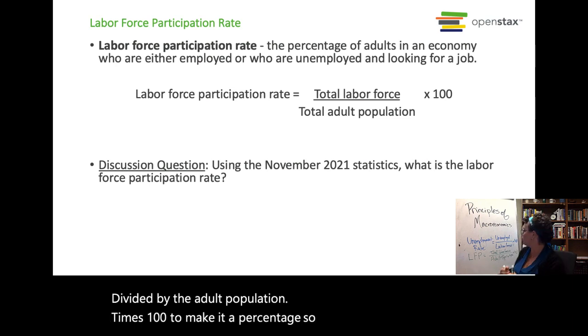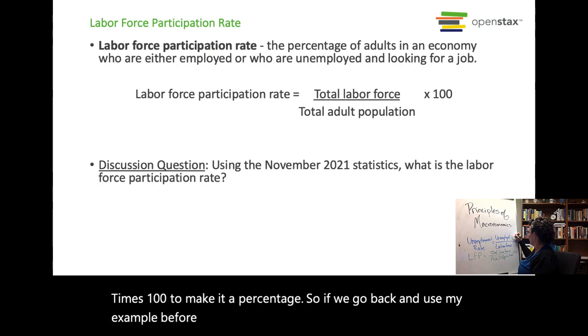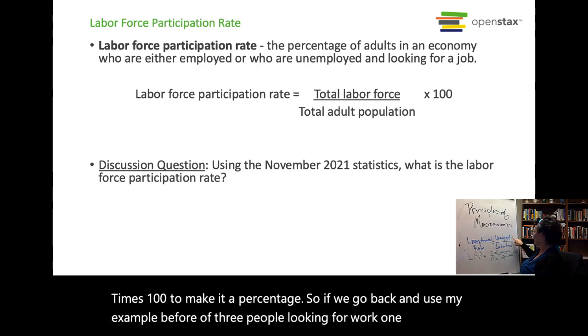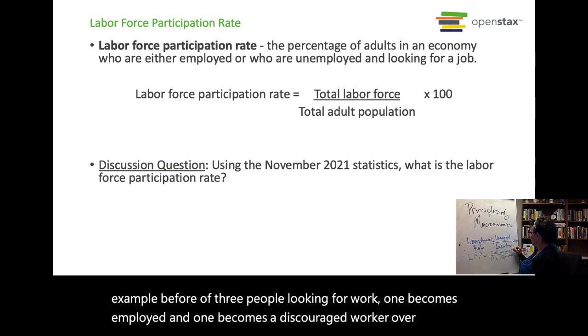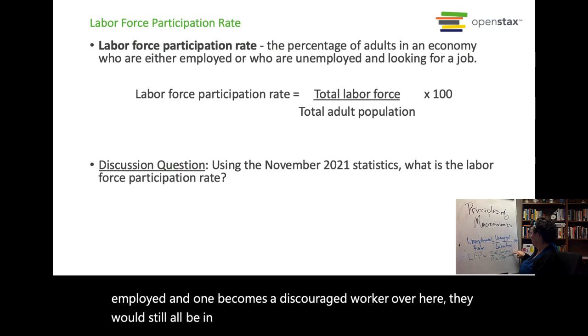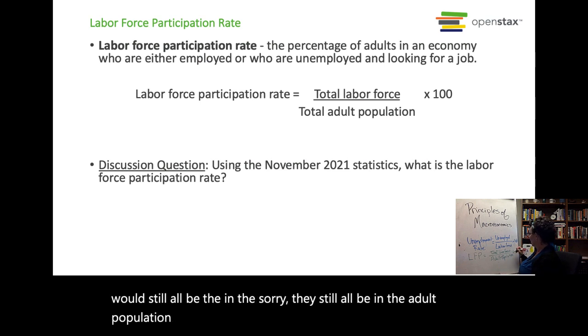So if we go back and use my example before of 3 people looking for work, 1 becomes employed and 1 becomes a discouraged worker, over here they would still all be in the adult population, right? I'll put them here. 1, 2, 3.